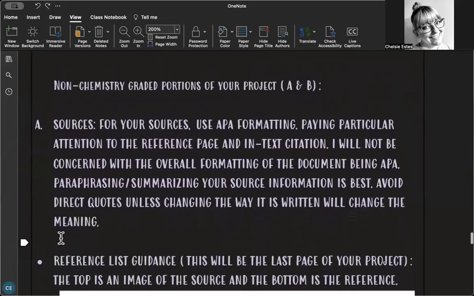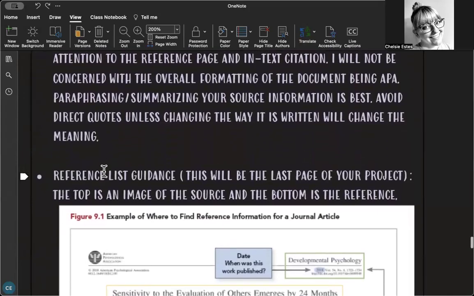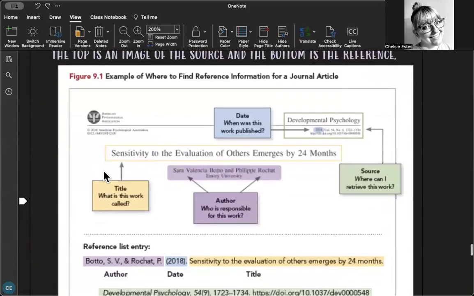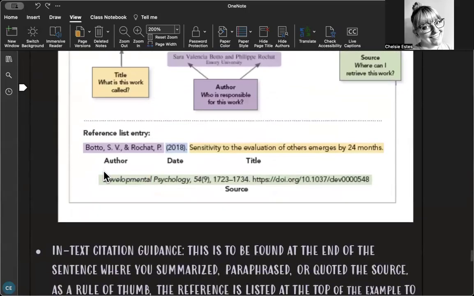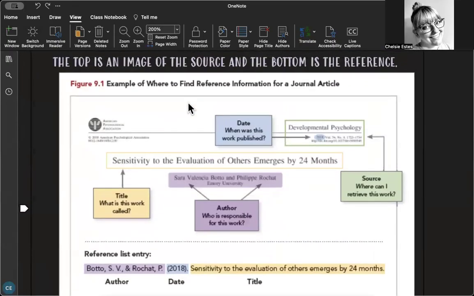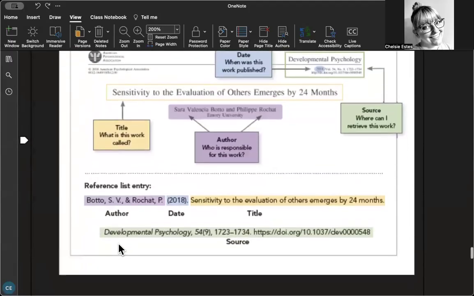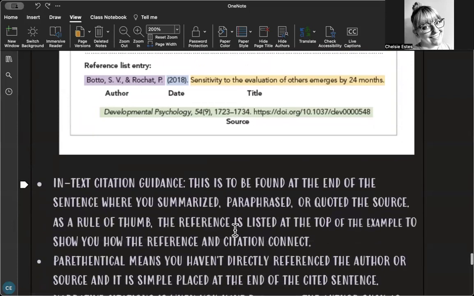And then that's it, because the next thing is APA formatting. If you're more comfortable with MLA, I'm not going to be super upset if you use MLA. We're not going to go into tons of depth with APA formatting. We're just going to do a reference list where you do the author, the date of publication, the title of the work, and then most likely the source, which will probably be a website.